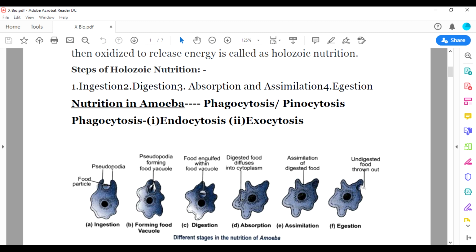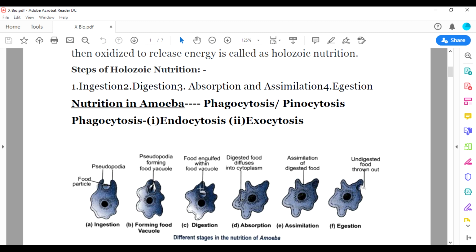These false feet are called pseudopodia. And slowly, pseudopodia encircle the food completely, and the membrane of both the pseudopodia fuses and turns into a vacuole. This vacuole is called the food vacuole.